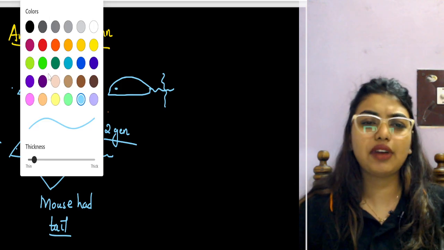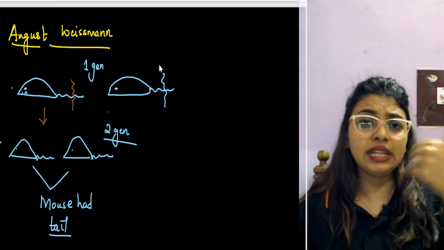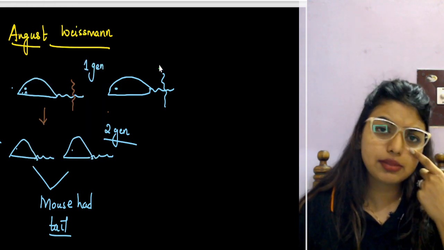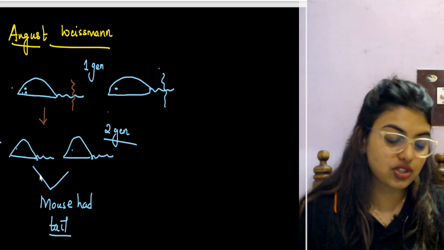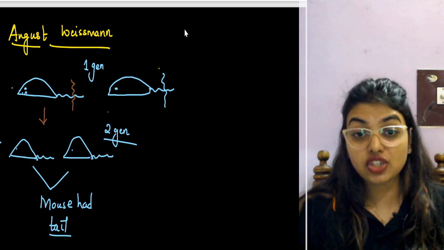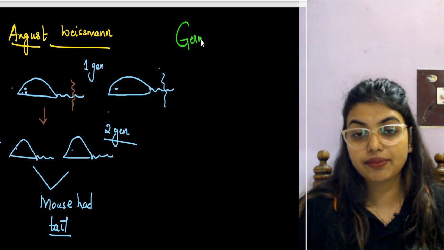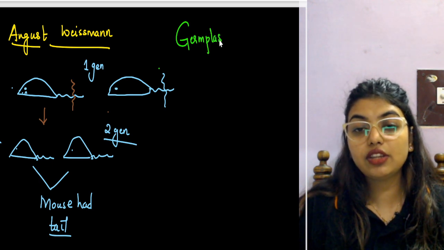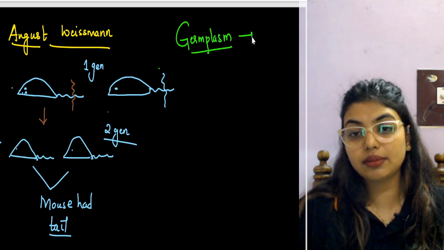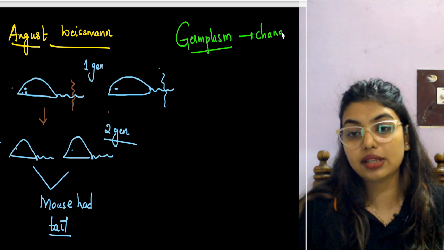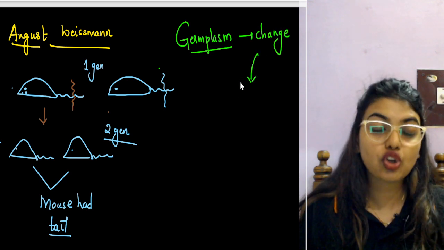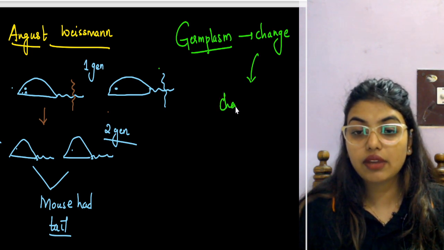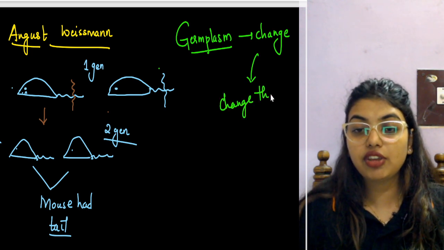Wait a minute, according to inheritance of acquired character, these mice should not have tails, but in the next generation they had tails. That is when they understood that only when you change the germ plasm will it actually become an acquired inheritance, or change the features or the characteristics.